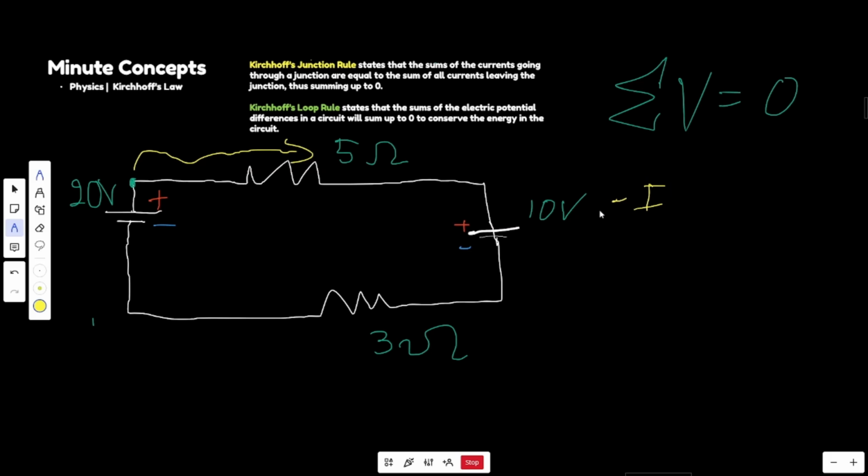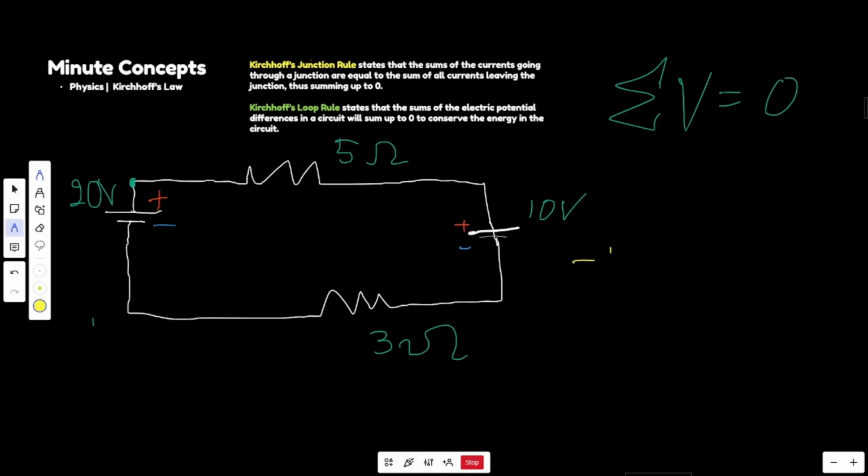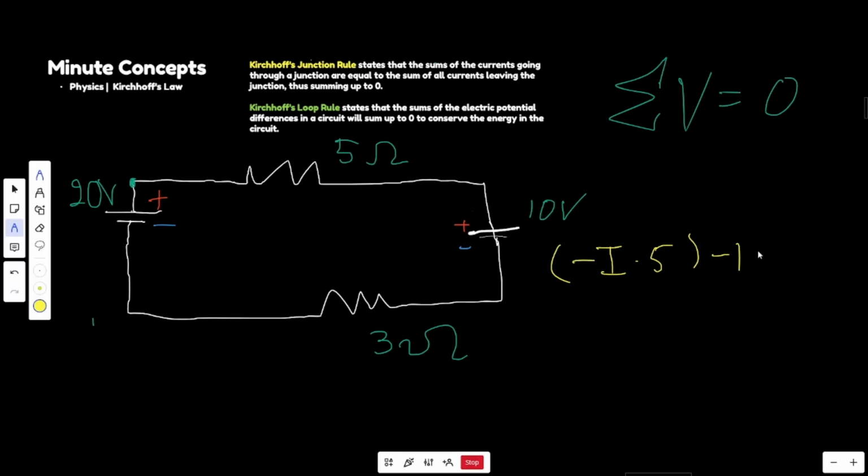So for the first one, we can start here. First resistor: negative I times 5. Because this is equal to voltage, right? And now we're going to move forward. 10 volts. Positive to negative, so we're still going to be minusing. Minus 10 volts. And then we're going to be moving forward.